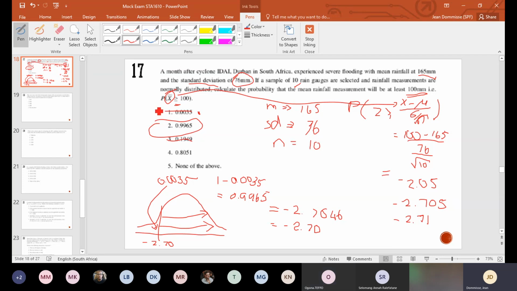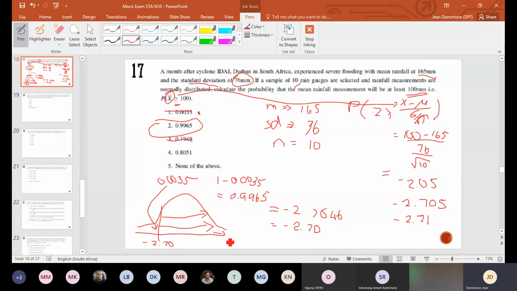And I think if I had made it 165 minus, I would have gotten option 1. If I continued with that, I would have gotten it as being positive 2.7, and then I would have needed to work out that small area, which would have given me option 1.